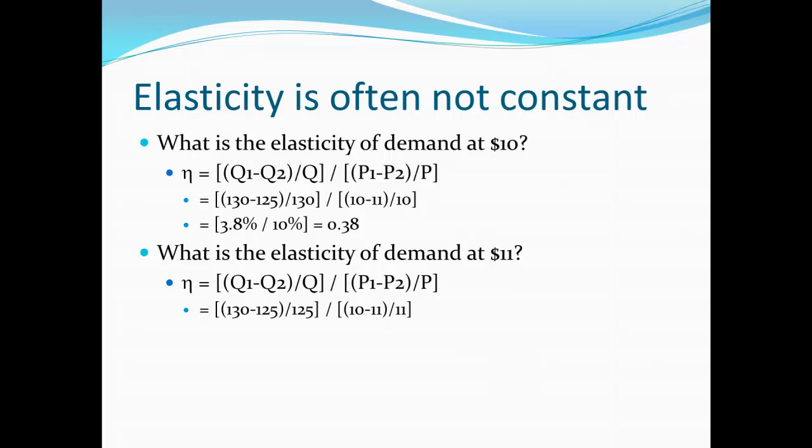We take the same 10 and 11, subtract them to get the difference, but now rather than dividing that by 10, we divide by 11. So our point of interest has changed from a quantity of 130 and price of 10, to a quantity of 125 and price of 11. That change is enough for us to get a different value for elasticity. Here we have 4% divided by 9%, or 0.44, being our new elasticity.